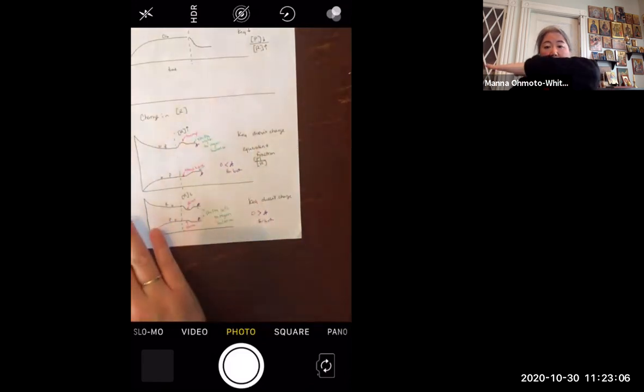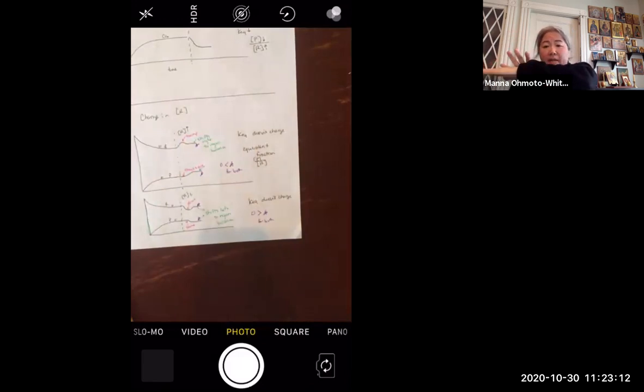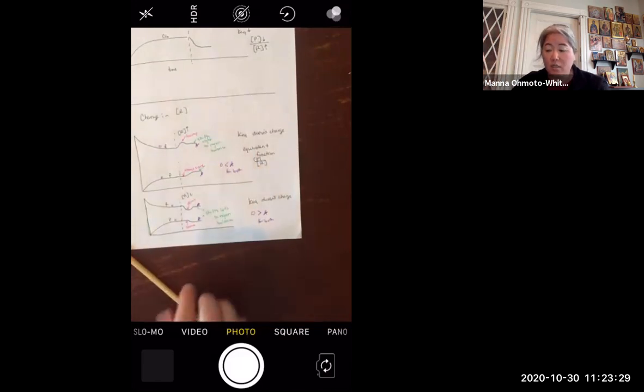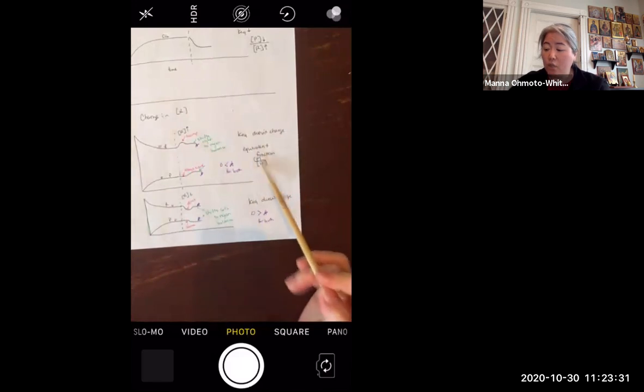So if you think about it as a balance, right, a seesaw, where I have something at equilibrium, just the right balance, and then I add more to this side, I'm going to have to shift things over to this side in order to reestablish that balance. That's that shifting. So in this case, I am shifting to the right, meaning I'm moving some of the excess reactants and creating products in order to keep my KEQ value the same.